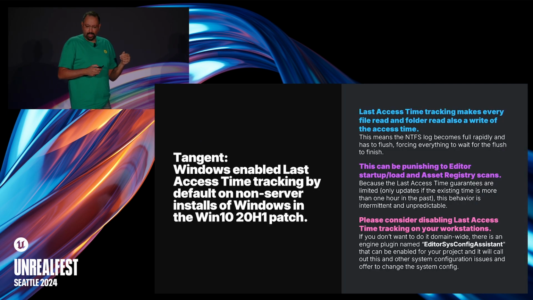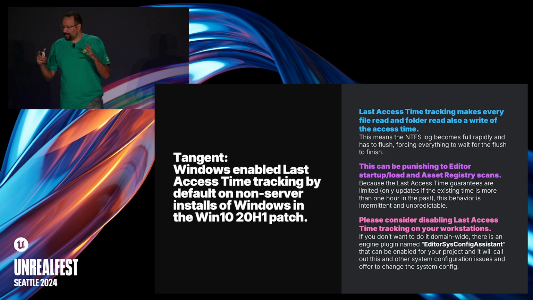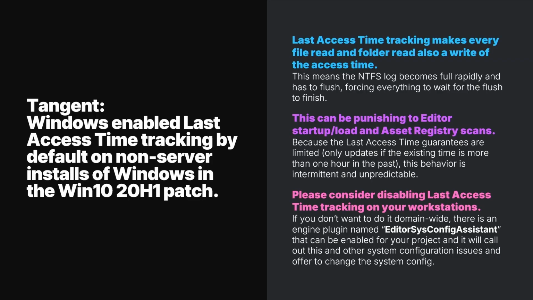Okay, so this is a bit of a tangent, but I think it's worth people knowing about. Windows enabled last access time tracking by default in non-server installs in a Windows 10 patch in 2020. This had a number of consequences that people may not be aware of related to file system performance.